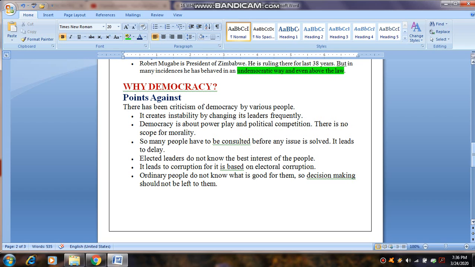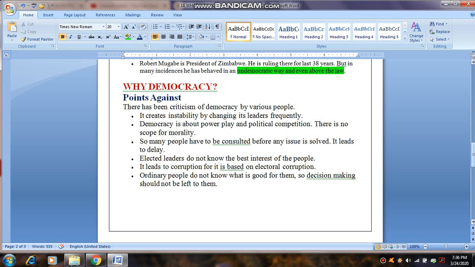Elected leaders do not know the best interest of the people, only their own opinion. It leads to corruption, for it is based on electoral corruption. Definitely, like China, like Mexico, we already read that there is electoral corruption. That is why they have this kind of opinion.